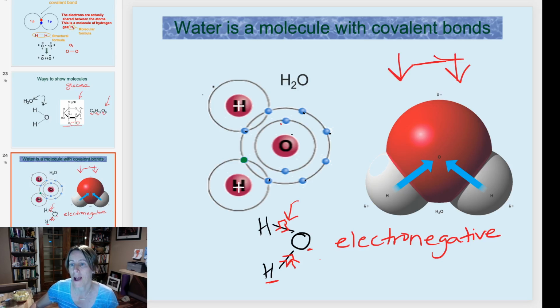Those big blue arrows show the suckage of electrons away from the hydrogen towards the oxygen. And because electrons have a negative charge, and because the electrons are all being sucked towards the oxygen, you end up with more electrons by the oxygen part of the molecule. So, let me erase all this junk.